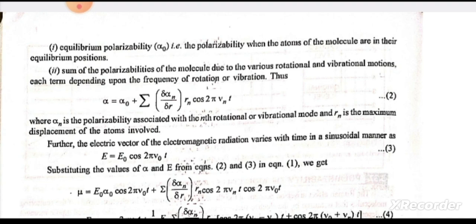Further, the electric vector of the electromagnetic radiation varies with time in a sinusoidal manner as E is equal to E naught cos 2 pi v naught t.